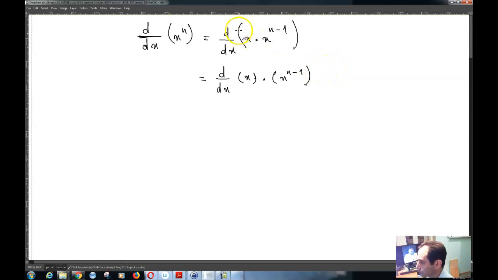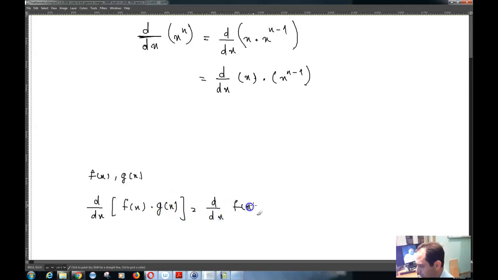Here you need to use the product rule. We said that if you have two functions f of x and g of x, and you have d by dx of f of x times g of x, then this is equal to d by dx of f of x times g of x plus f of x times d by dx of g of x.